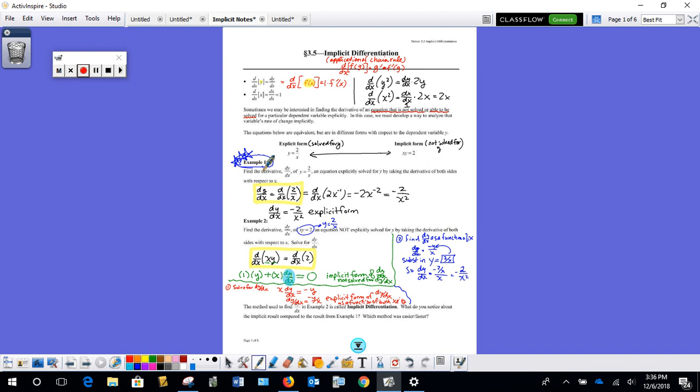Let me just recap the implicit method. We take the derivative of both sides. We indicate we took the derivative of both sides. We use chain rule every time there's a y. If there is a y in the problem, like there is here, every time I go to take the derivative of that y, I have to use chain rule, which is the dy dx.